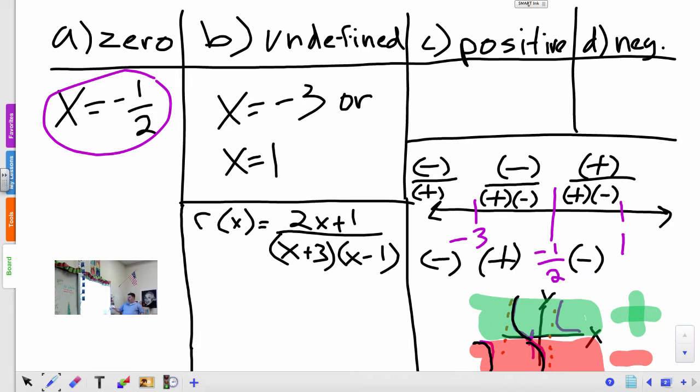Now when I get any value greater than 1, I'm going to pick a really big number like 100. I'm going to have a positive on the top, a positive and a positive and a positive. So this overall thing is positive, which is true.